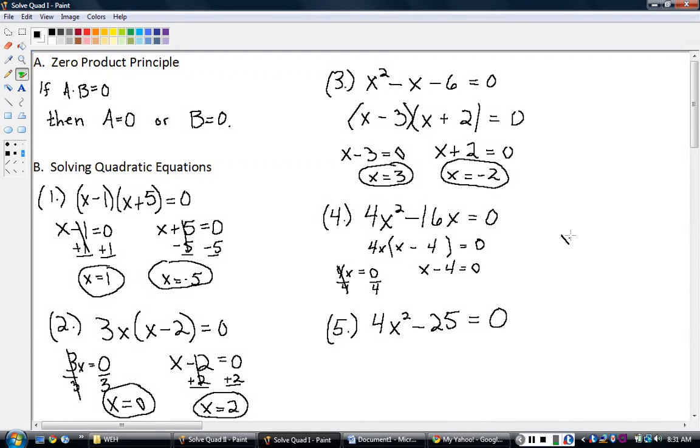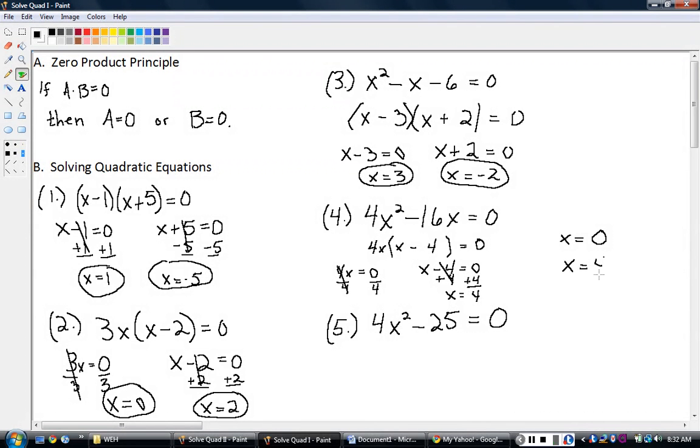Come over here and write that answer. That's x equals 0. Okay, and this one I add 4 to both sides, right? So I get 4. That's my other solution. So those are my two answers there.